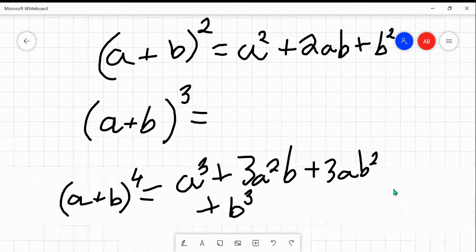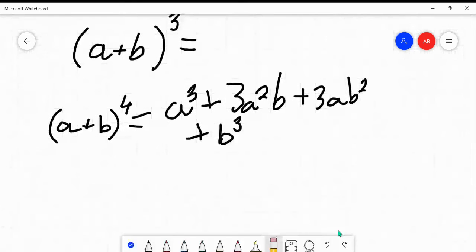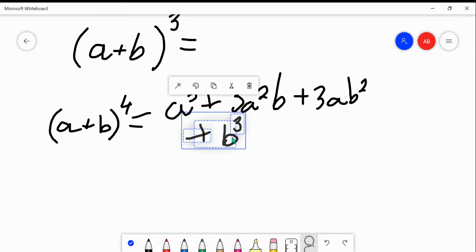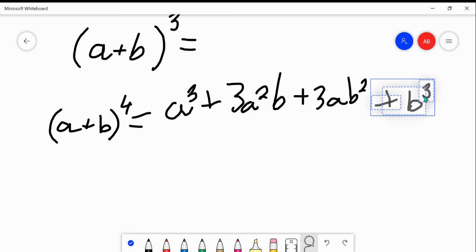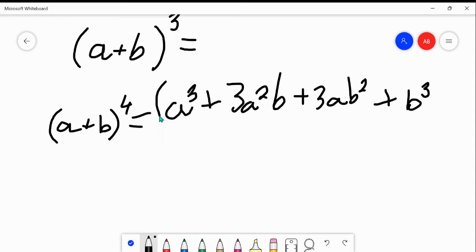So you have this here, and I'm just going to move this here. There we go. So you have this, which is a plus b the whole cube, times a plus b.